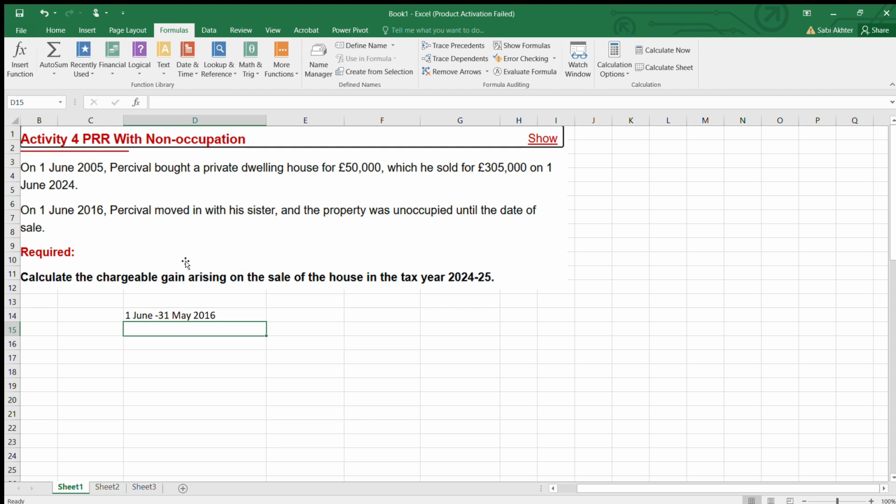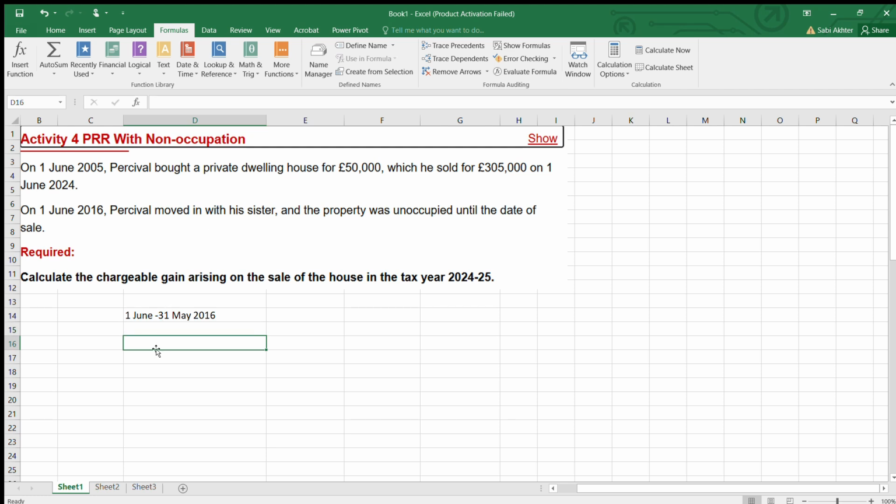January to June is 6 months and another 3 months from 2023, the last 3 months, October, November, December, makes 9 months. That means from 1st September 2023. September, October, November, December, and January, February, March, April, May.